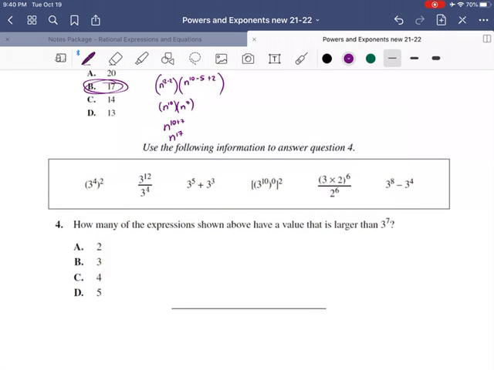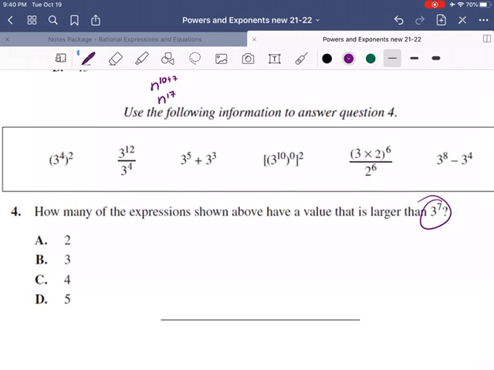All right, how many expressions shown above have a value that's larger than 3 exponent 7? So the first one is 3^8. This one's going to be 3^8. This is being added, so we need to actually evaluate what these things are. So 3 to the exponent 5.